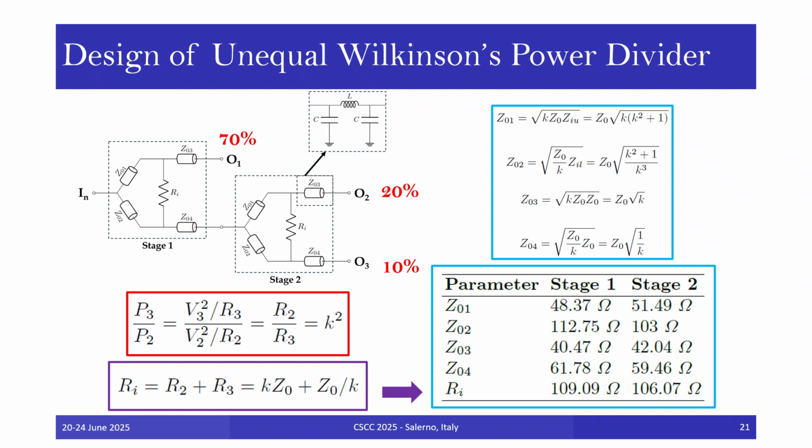The required characteristic impedance of the transmission line sections of each stage was determined, and then the equivalent inductance L and capacitance C of each transmission line section were found at a frequency of 1 to 1.5 MHz. The characteristic impedance of each transmission line section and the isolation resistor value for each stage are presented in the shown table.